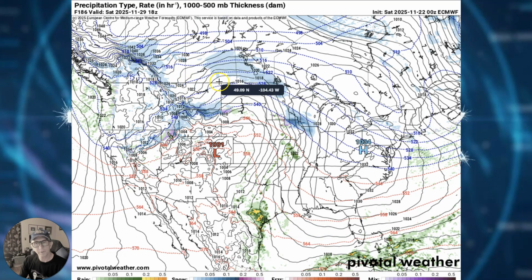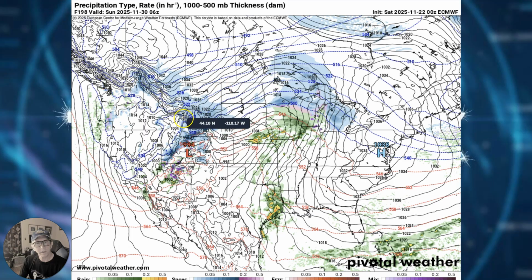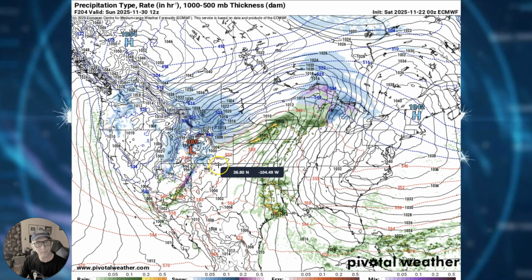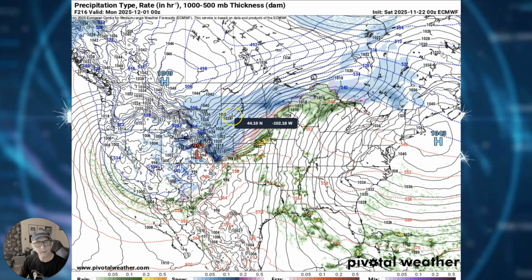See the cold air up here. Low pressure developing on the front range here. You can see all this snow expected, right, into the Rockies. This is a crazy setup. You see the high pressure, strong high pressure off the East Coast, which is really creating this intense pressure gradient.